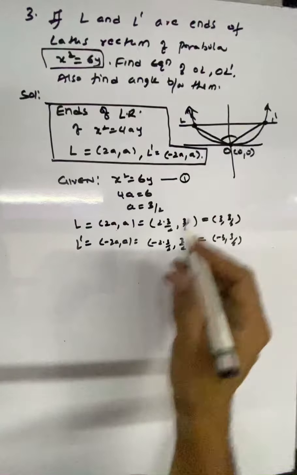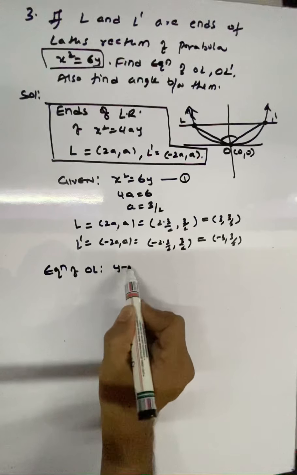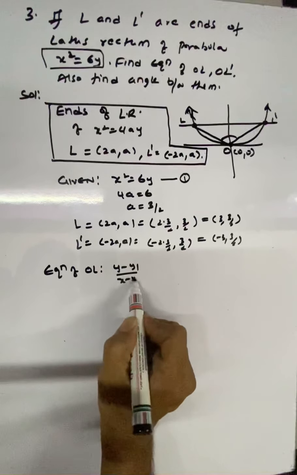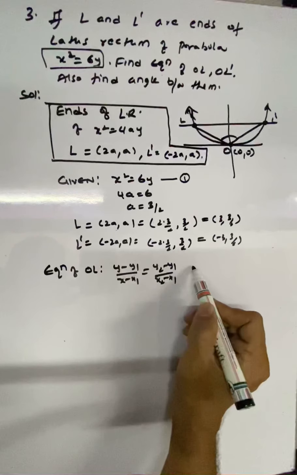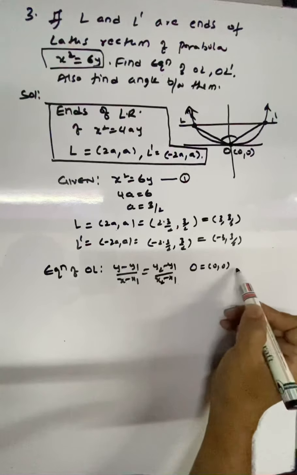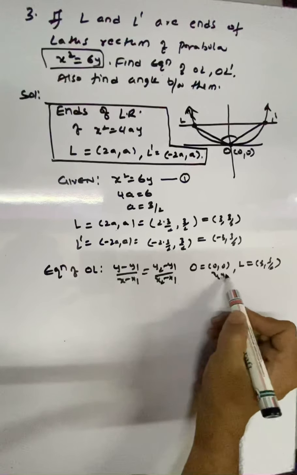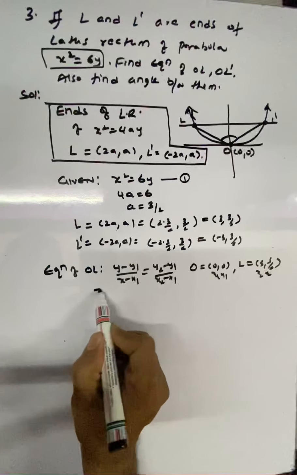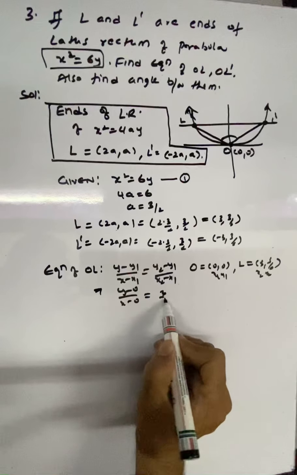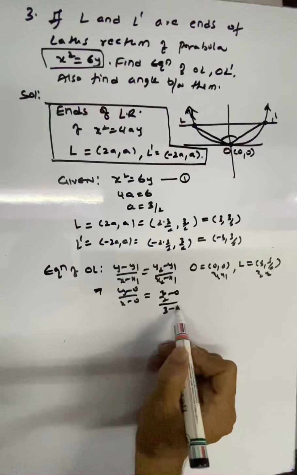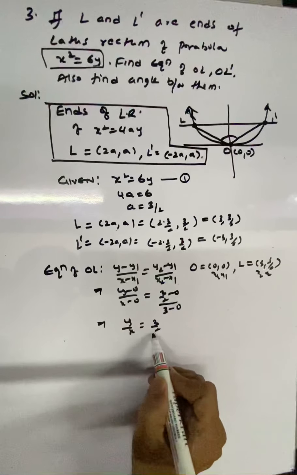We have to find the equation of OL. The equation of OL is (y minus y1) by (x minus x1) equals (y2 minus y1) by (x2 minus x1). O is 0 comma 0, L is 3 comma 3 by 2. So this is x1 y1, next one is x2 y2. So this is y by x equals (3 by 2) by 3.